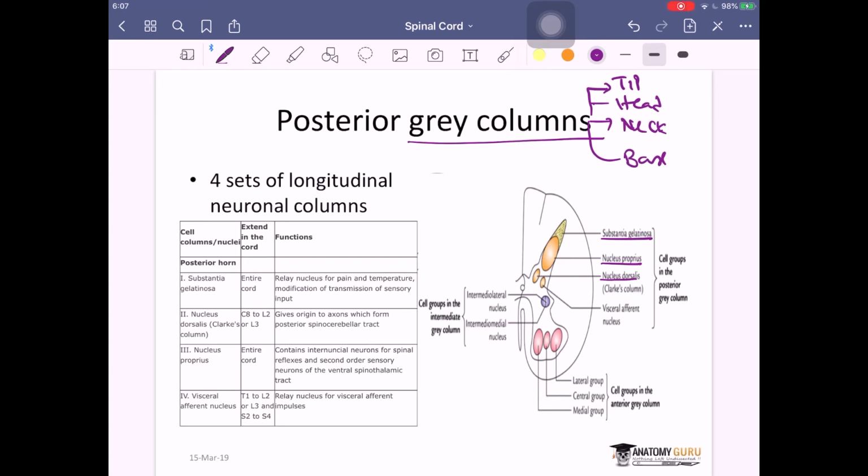Whereas in the base, the posterior or dorsal part is occupied by Clarke's column, or the nucleus dorsalis, and the anterior or ventral part of the base is occupied by the visceral efferent nucleus. So these are the groups of sensory neurons present in the posterior horn.